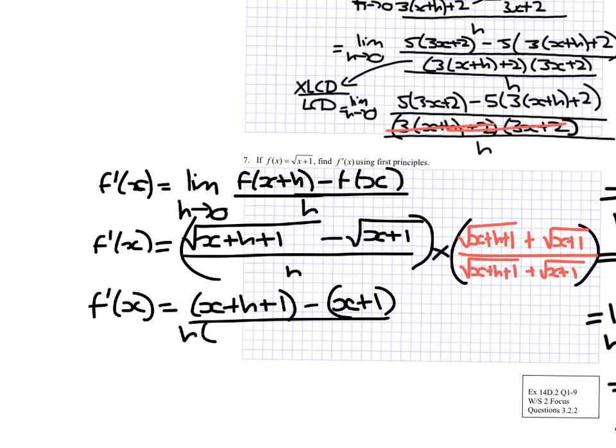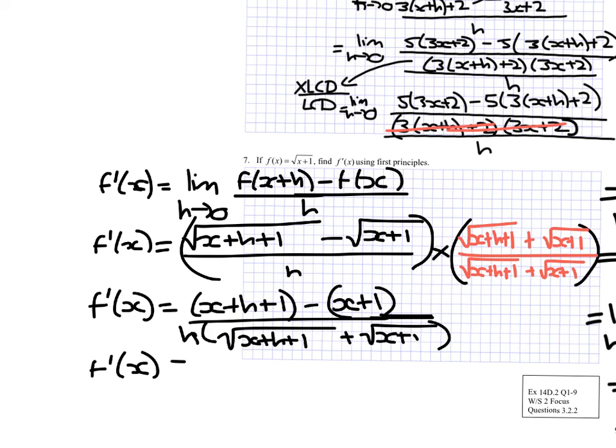And so your bottom line is just going to be h times the square root of x plus h plus 1 plus the square root of x plus 1. And now that you've done that, you'll notice that a whole lot of things will cancel out. So if you simplify that one line further, you get x plus h plus 1 take x take 1, and then you get the beautiful denominator.